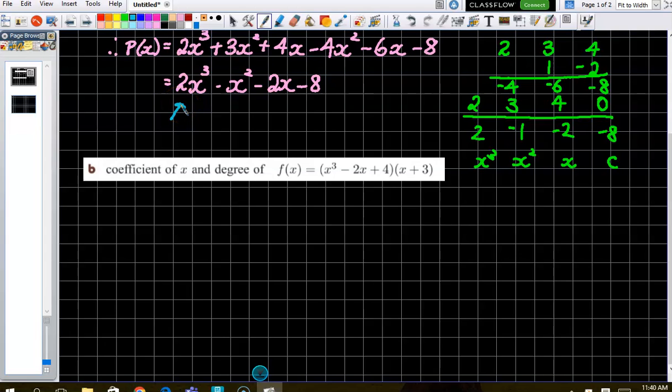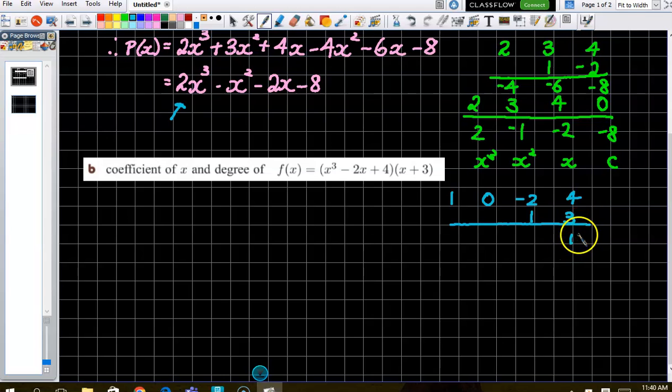Okay. If I really wanted to practice this, it's called synthetic multiplication. If I wanted to practice that, I have to be careful because you have to have everything in your columns. So I would be going 1. What's the coefficient of x squared? 0. So I'd have to go 1, 0, minus 2, 4, and then multiply by 1 and 3.